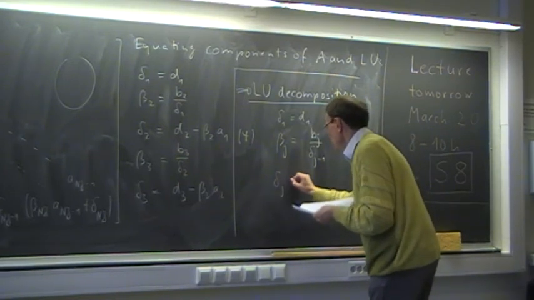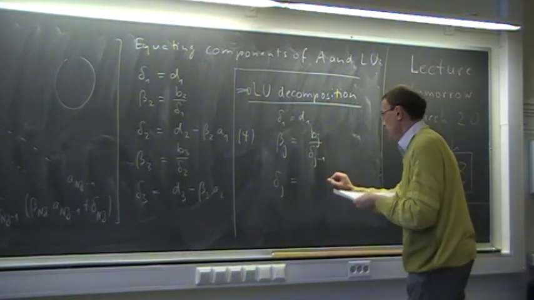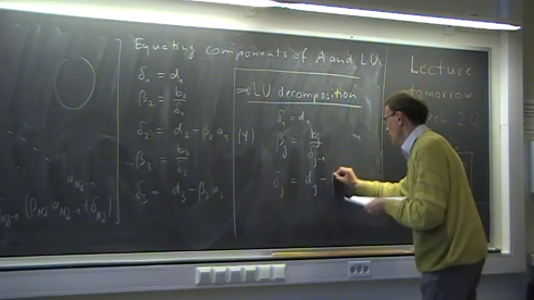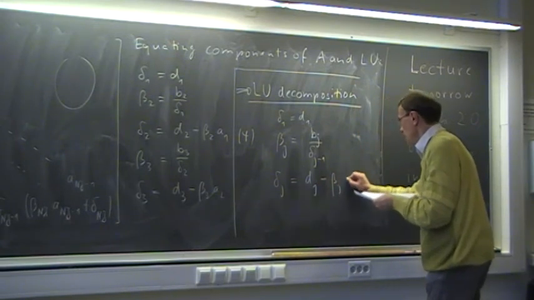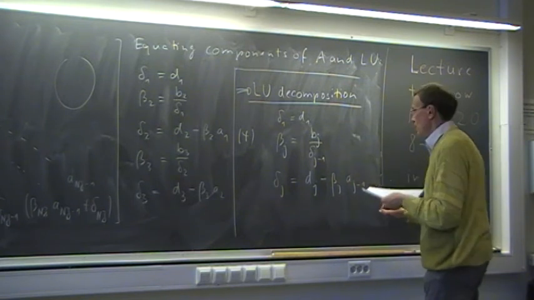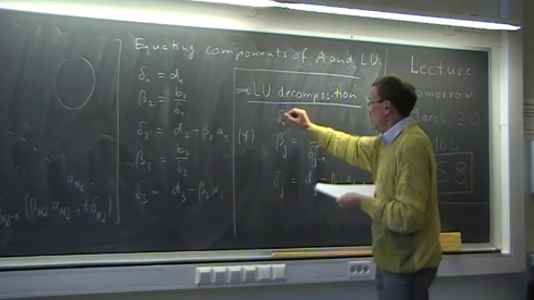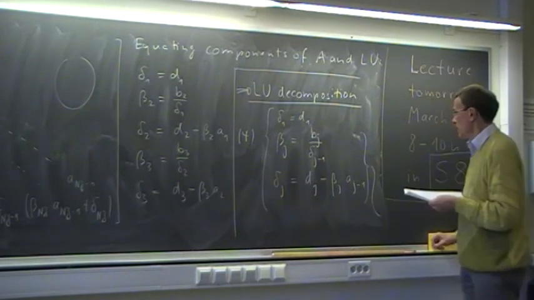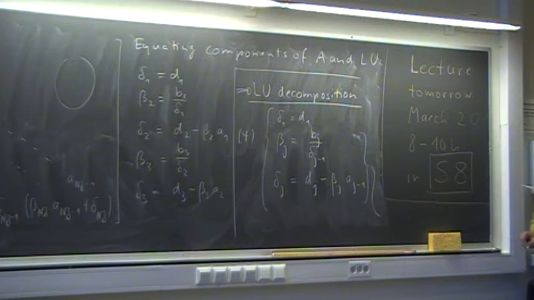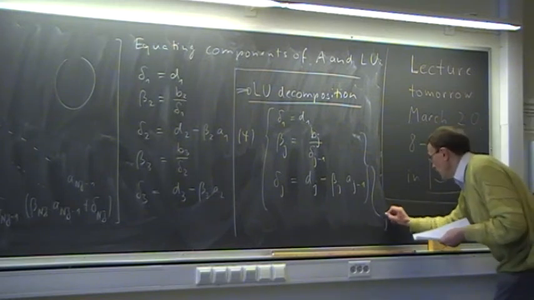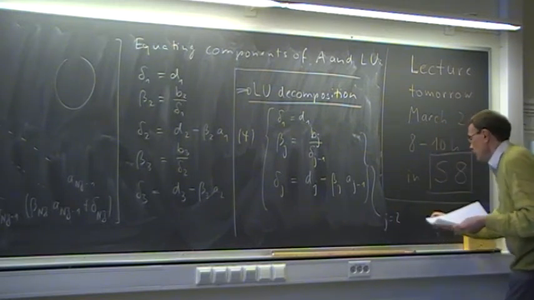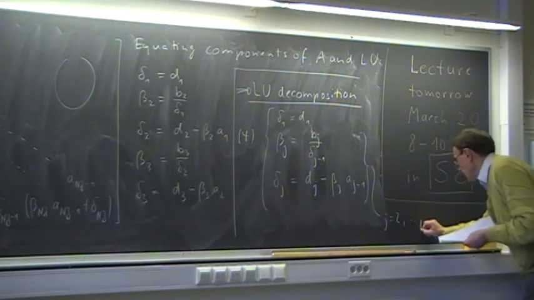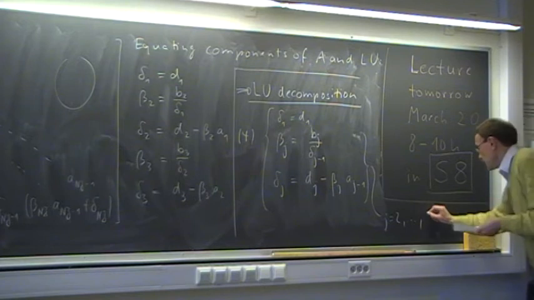And the delta j in turn is equal to the dj minus beta j times aj minus 1. And this is then done for j from 2. 1 we don't need to do. We have the only delta 1 we need there. And we do that until nj.